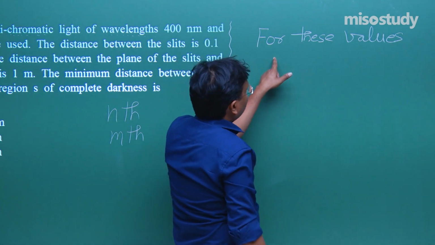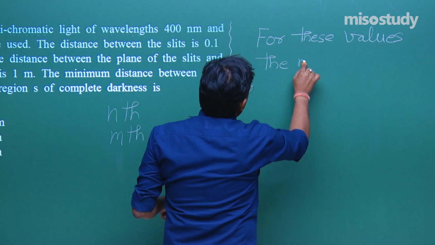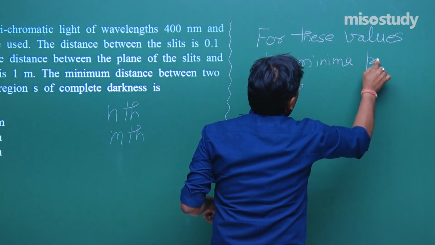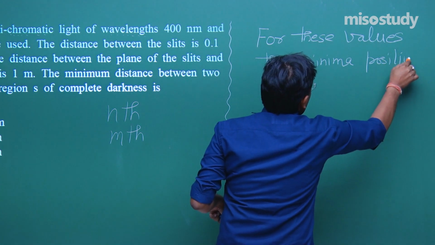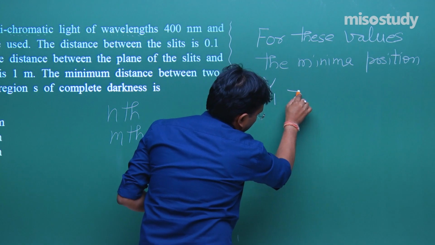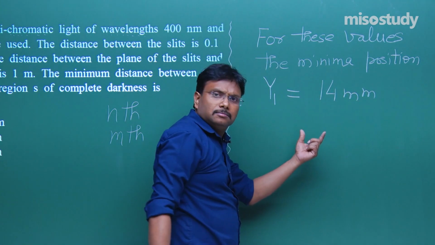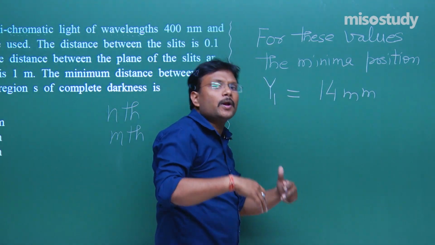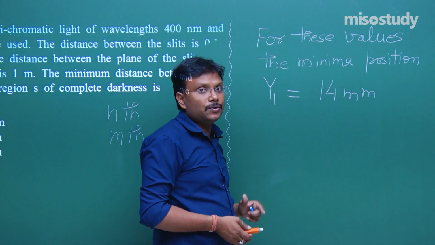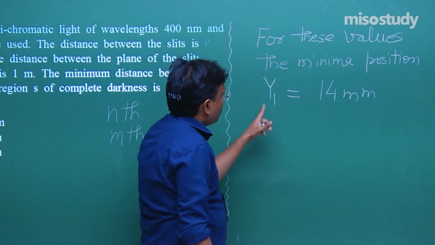For these values, the minima position y1 is equal to 14 mm, just by solving. Now I have n equal to 4, m equal to 3, so directly I can put the values and get this result using delta x is equal to lambda upon 2 pi into phi type of relation.